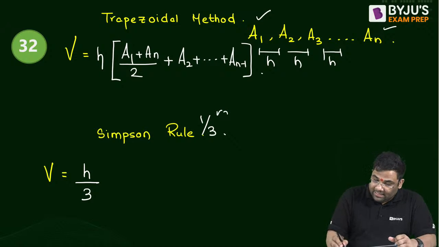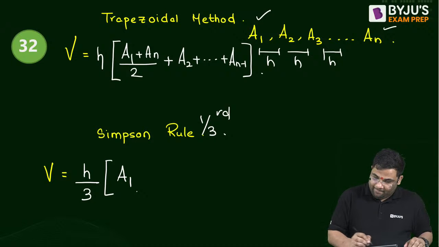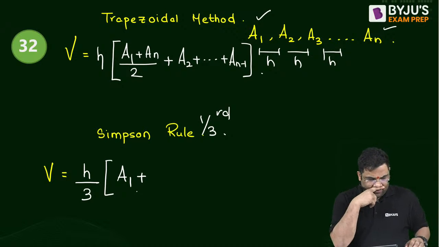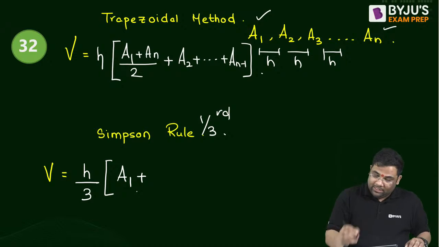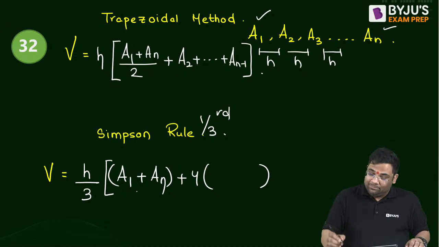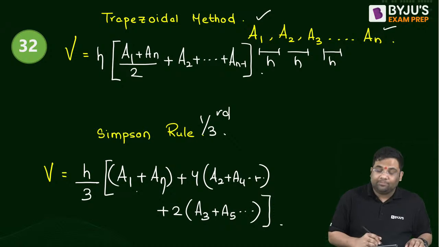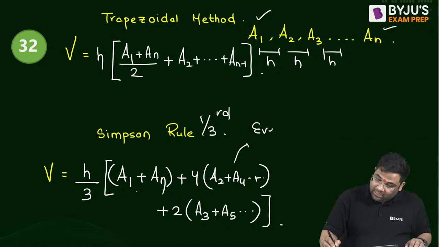Then you take A1 plus AN, plus 4 times all the even terms, A2, A4 and so on, plus 2 into all the odd terms. You might be knowing this formula. I just revised it. This is all the even terms and this is all the odd terms.